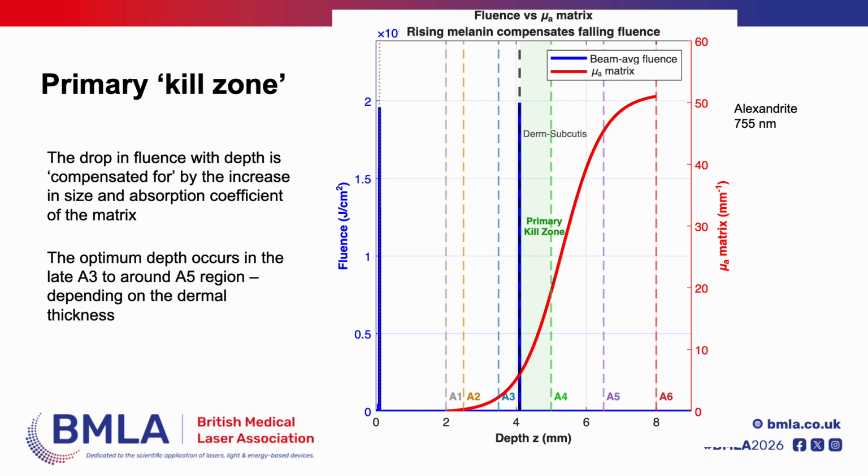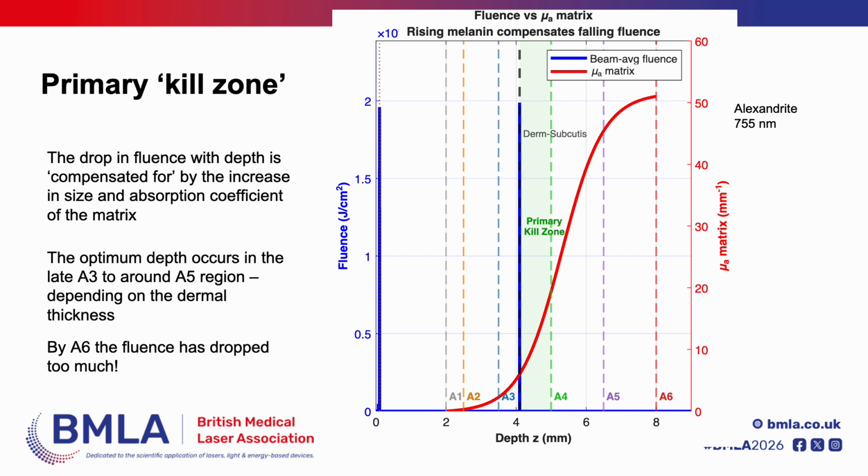So this tells us that we can certainly kill the dermal papilla if we get it at the right time and it's not too deep. But if the skin is too thick, then by the time it reaches the anagen 6 depth, which could be as far as 7 or 8 millimeters deep, the fluence at that level will be too low.